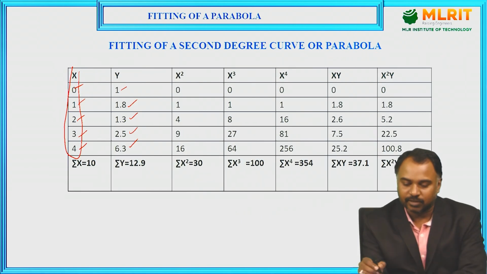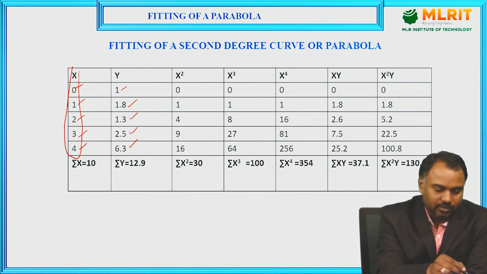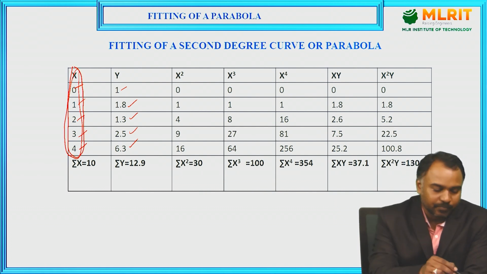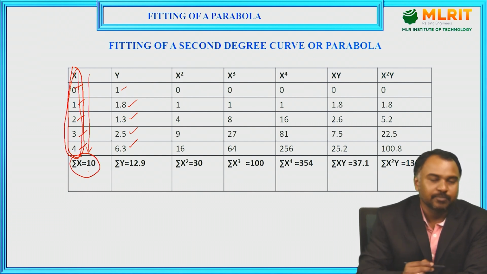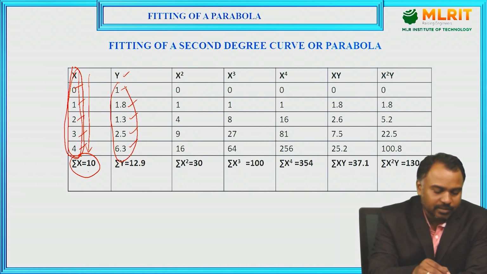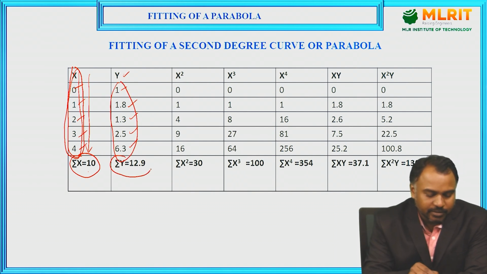Let's consider these columns. The sum of all these x values we call summation x. If you sum all these values, we get 10. Y is given, so the sum of these y values we call summation y.